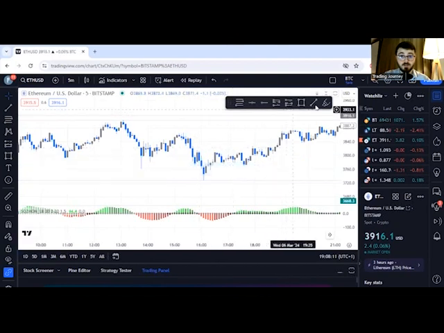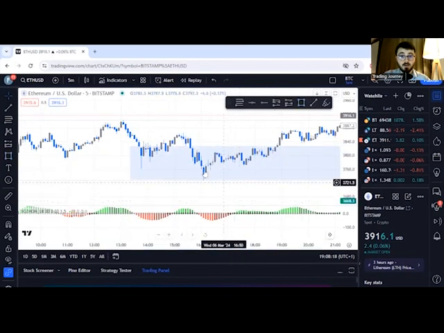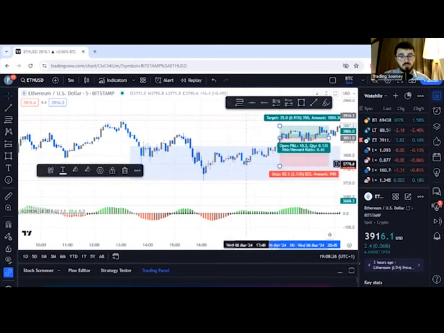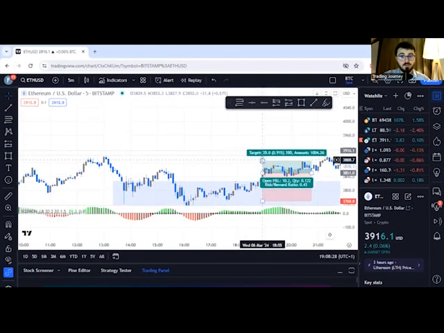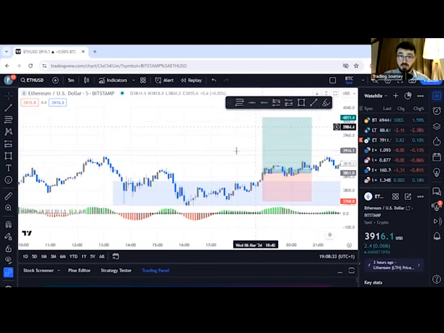For instance, like this would be a pretty big consolidation box. You would do it all the way to here. And like this, when you wait for this to break through, you, for example, put this here. And here, I think it would be safe to put it somewhere around. And again, you target a 2 risk to reward, and that would be potentially good.